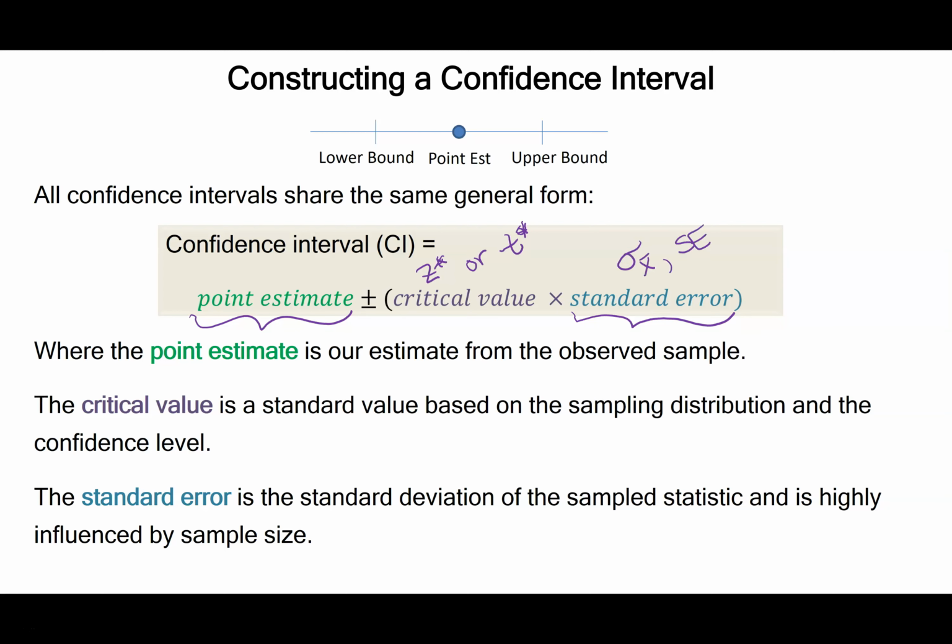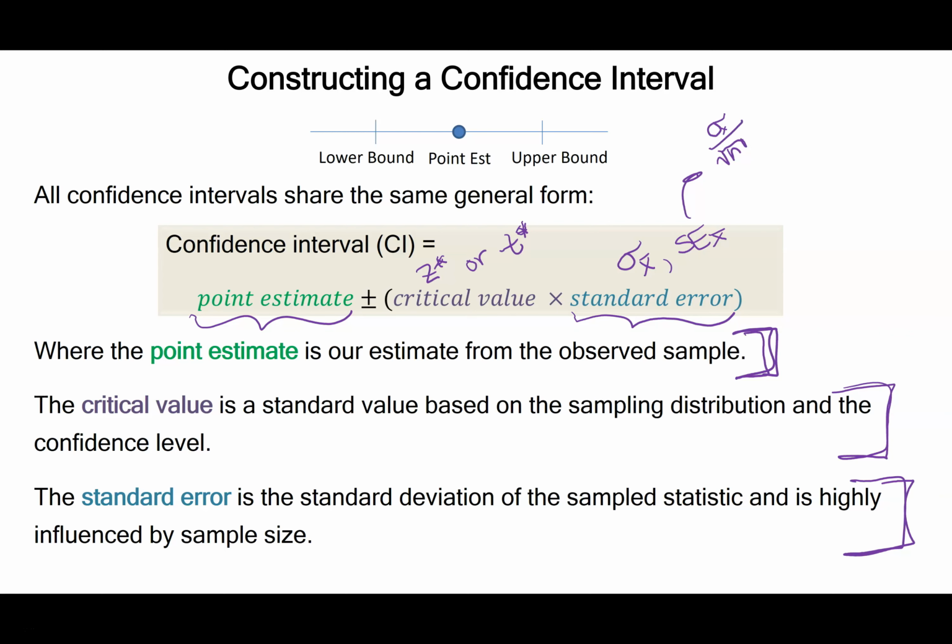So just a few things to note. This point estimate, it's always going to be whatever we actually observed in the actual sample. And the critical value, that's my Z star, T star. My standard error typically is either sigma divided by the square root of n, if you know sigma, or S over the square root of n if you don't know sigma, so you have to use the sample standard deviation.